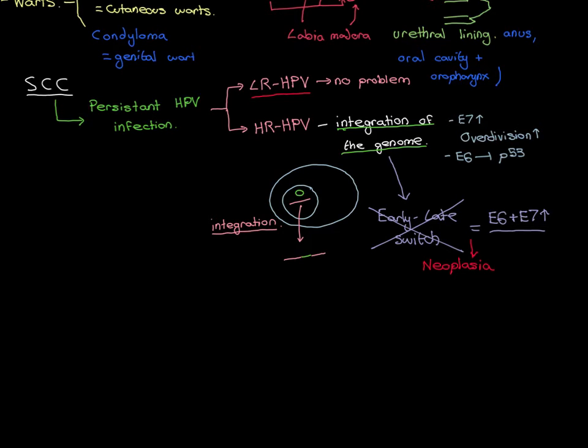But once you've got that, then you're on your way to the neoplasia process. Okay, so that is then the story of how we believe squamous cell carcinoma can arise in the squamous stratified epithelium of the ectocervix following persistent high-risk HPV mucosal infection.